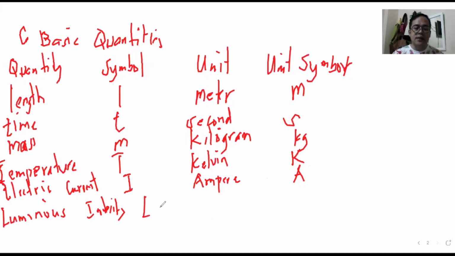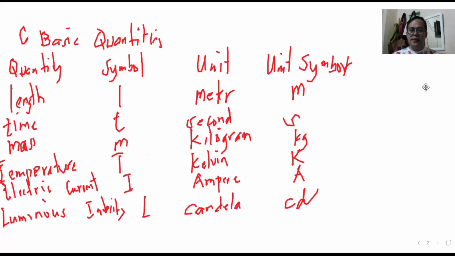It has a symbol of big letter L, and the unit used is the candela, based on a candle. One candle is one candela, so we have cd as the unit symbol. So these are the 6 basic quantities that we are going to use as we go on with our lesson in physics: length, time, mass, temperature, electric current, and luminous intensity.